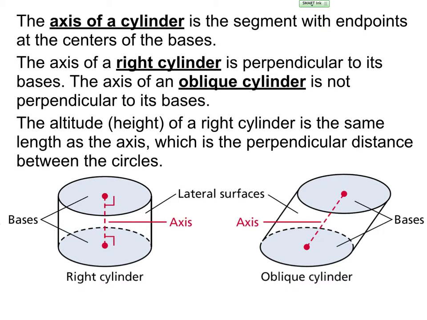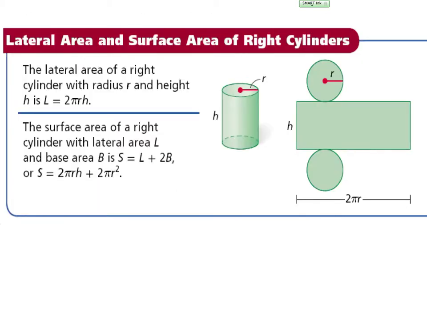Then what will we add on to that for the surface area total? The area of the circle and the area of this circle. So we'll have to add on 2 circles. As we look at the formula, that's what I've done here. Lateral area is 2 pi r, that's circumference, times the height of the cylinder.